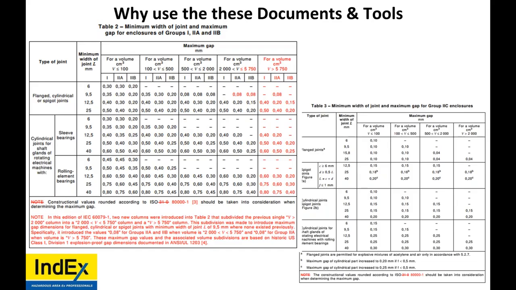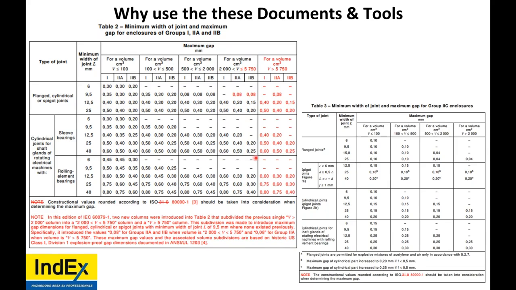These tables talk about the approved gap, the minimum width of the joint, and the gap between the cover and the body of the Ex d device. So I'm pretty sure that gap would be important to figure out during your inspections.